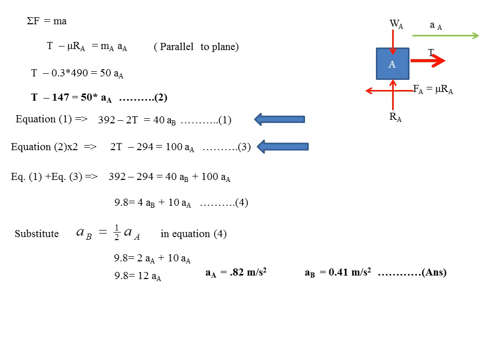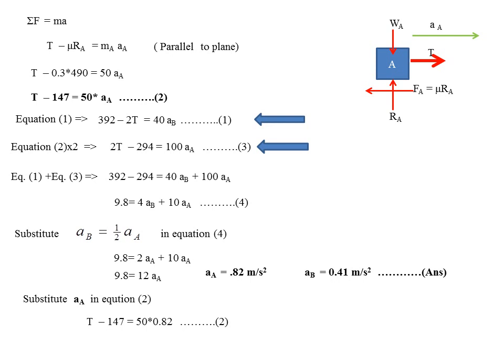Now if you substitute the value of this acceleration in any of equation 1, 2 or 3, we will get the value of tension. Sorry, in equation 1, 2 or 3. In 4 there is no tension. So you can substitute in equation 1 or equation 2. I am simply putting in equation 2. What will you get? T minus 147 is equal to 50 into AA.